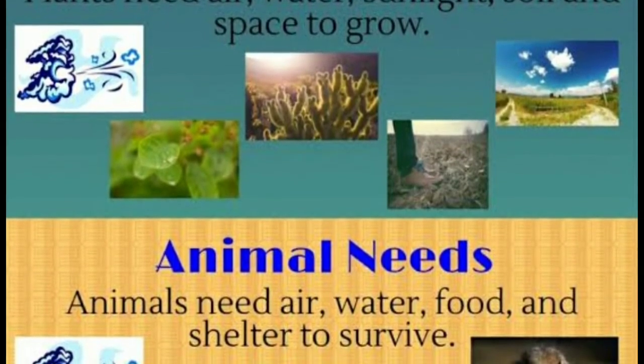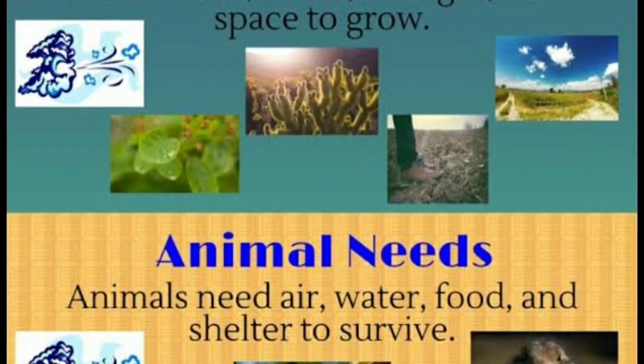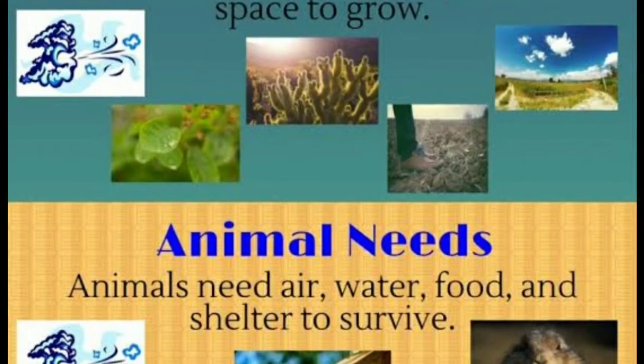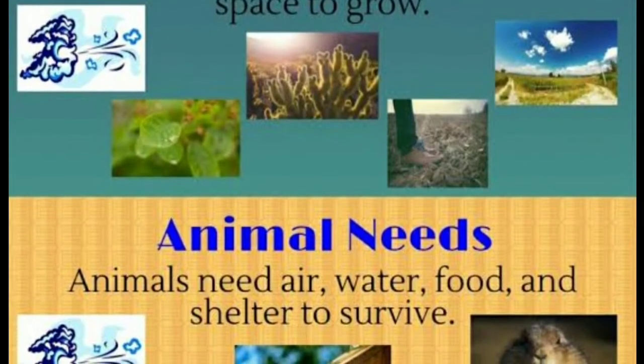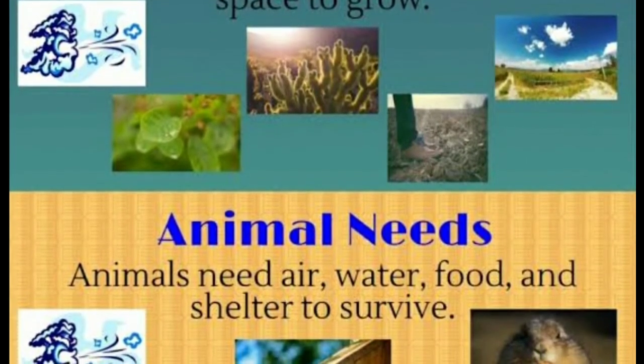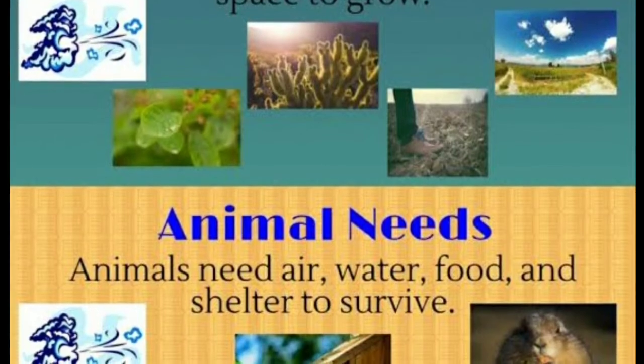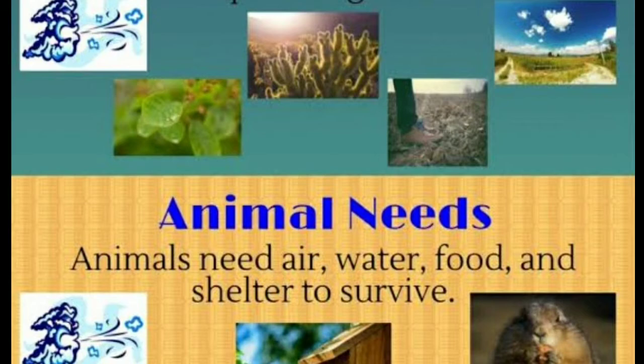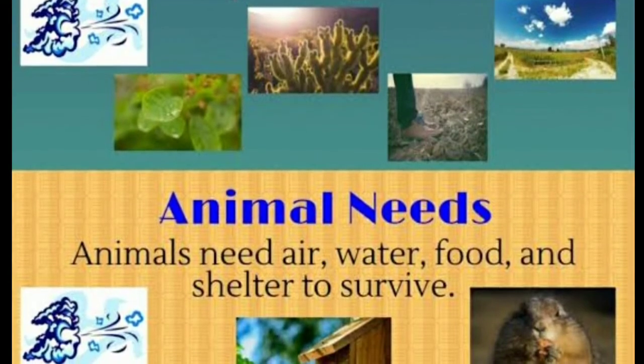As animals have to move from place to place in search of food, shelter and partners, their energy needs are greater. Most of the tissues of animals are made up of living cells.